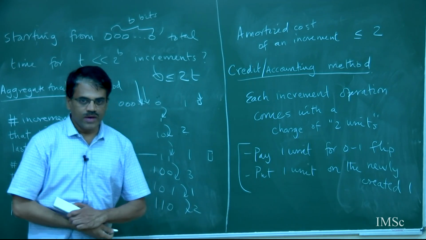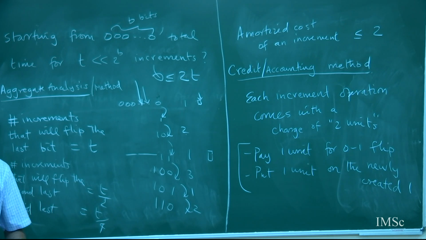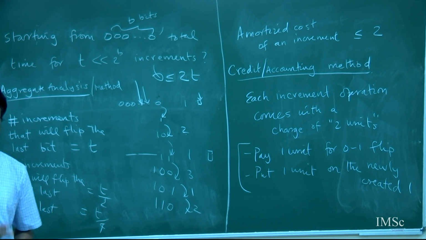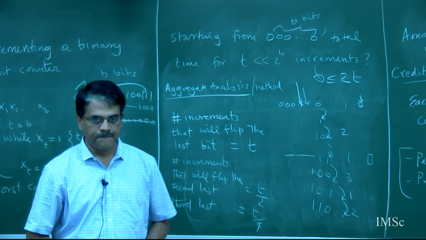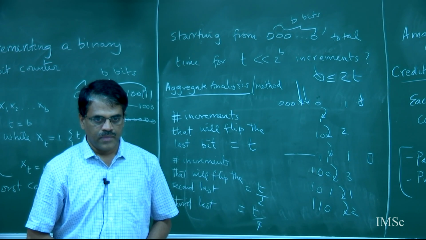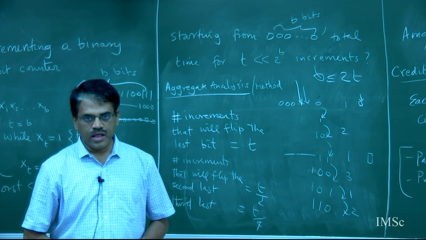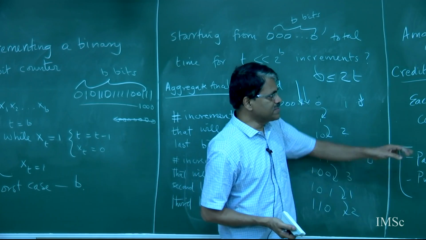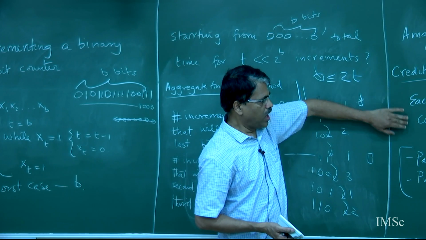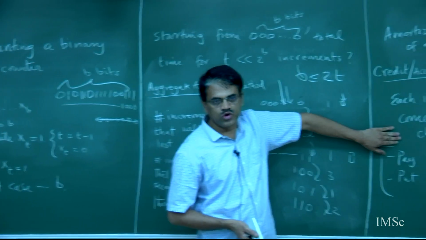Okay. So I am going to give an increment operation 2 units. Here is 2 rupees. Whenever you change a 0 to 1, use 1 rupee, and you create a new one, put 1 rupee on that. So what I'm saying is each increment operation, I am going to give a charge of 2 units, 2 rupees, let's say.